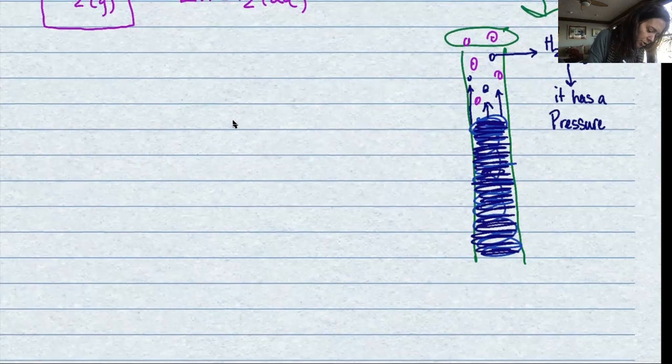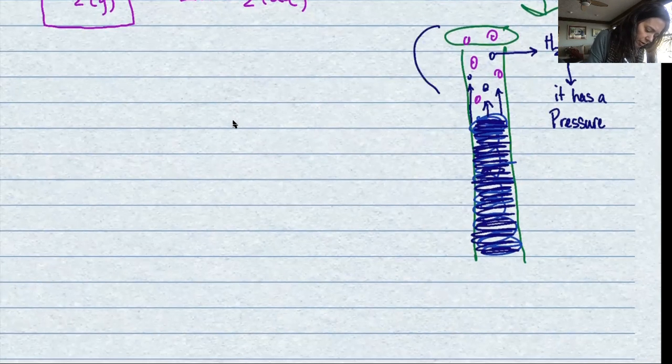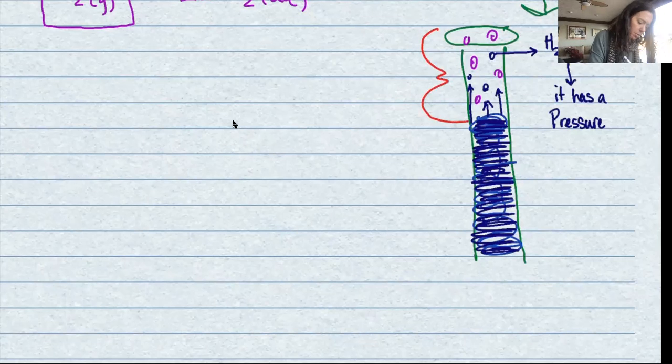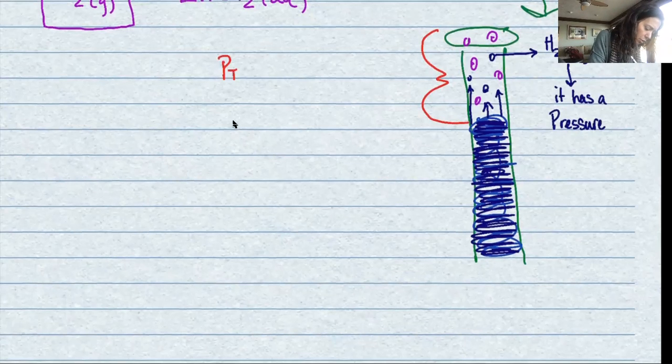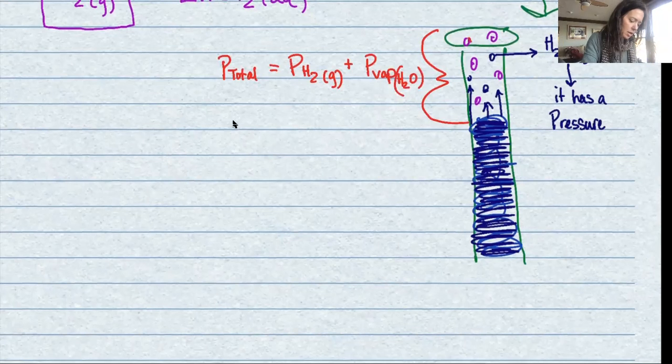So the pressure inside of here, sitting on top of the water where we collected the gas, the total pressure here is equal to not only the pressure of the gas we collected, but the pressure of the water vapor. Right here's our water vapor up there.